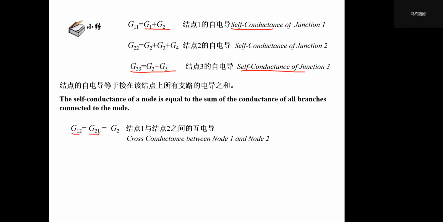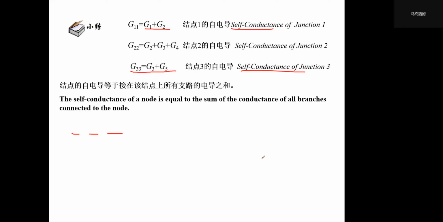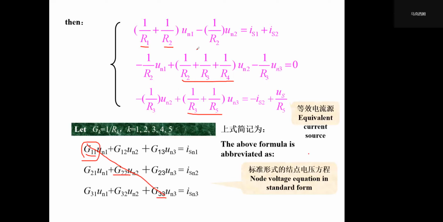It's called the cross conductance or the mutual conductance between node 1 and node 2. So this one is G12, and this one is also G21.